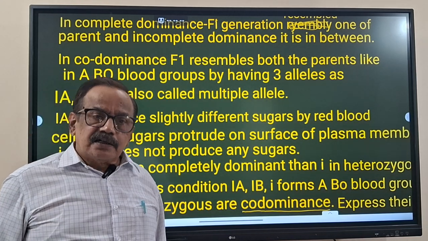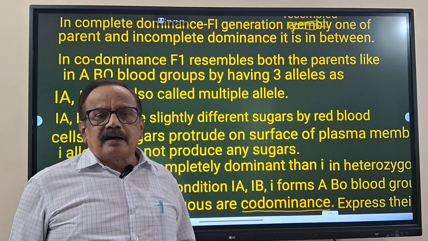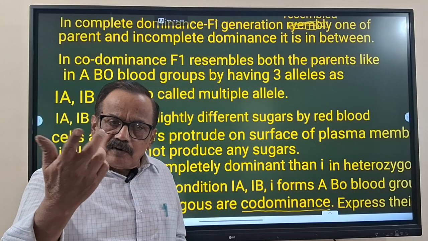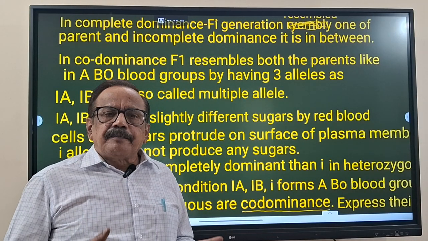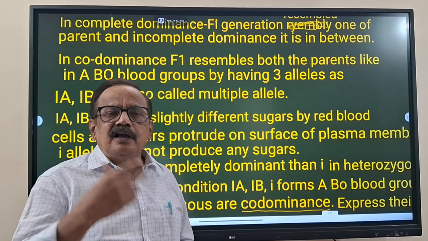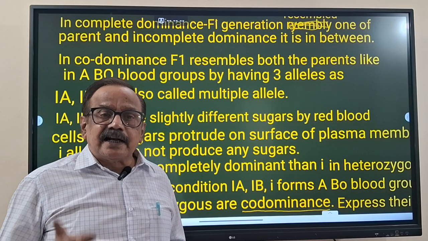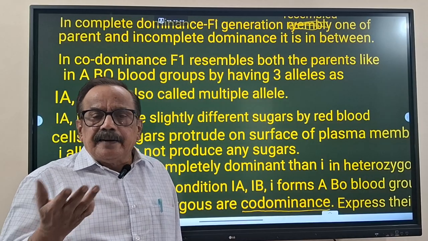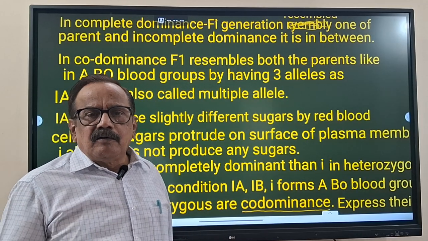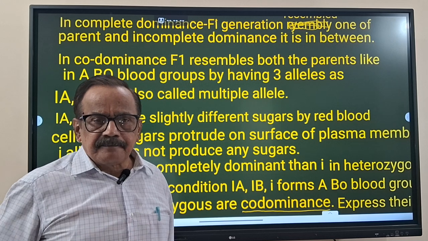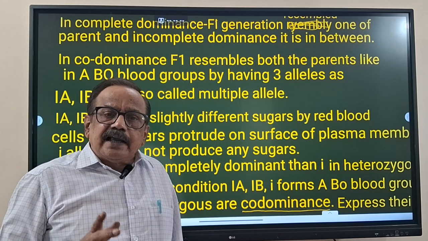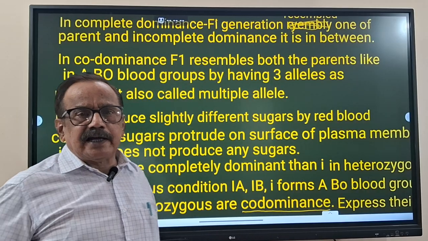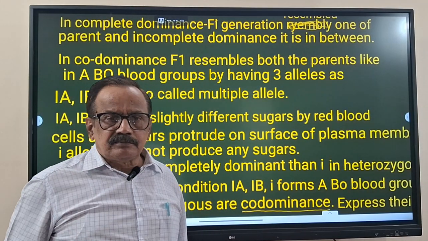Whenever a heterozygous condition forms with A or B, A may form a heterozygous condition with i, meaning O, or B may form a heterozygous condition with O. In that condition A will be dominant, and B will be dominant over O, i. So here both A and B show dominance over i, that is the O group.